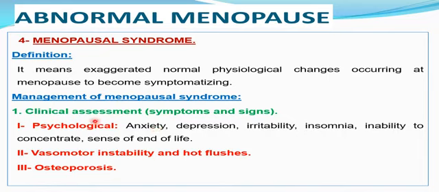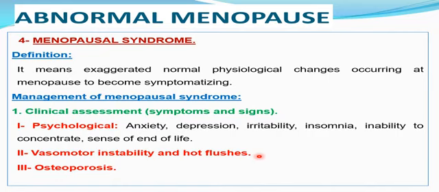The psychological changes occurring at normal menopause, like slight anxiety, irritability or depression, are now more and more evident: anxiety, depression, irritability, insomnia, inability to concentrate, and a sense of end of life, at times with suicidal attempts. There is also vasomotor instability and hot flashes, a heating sensation in the area of the back, the chest or the upper limb, occurring day and night for a few minutes up to a few hours.